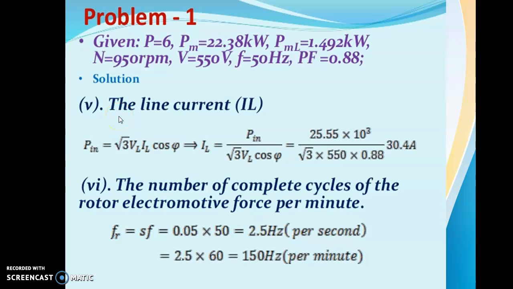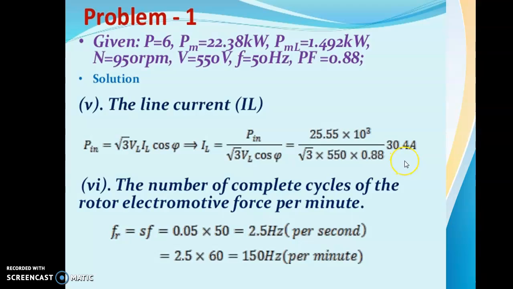Now, see, the line current we have to find out. The P input formula is root 3 VL IL cos phi. Or we can say IL is to be found out by using the formula P input divided by root 3 VL cos phi. VL is given in the question, cos phi is given in the question, and P input is calculated in the previous bits.